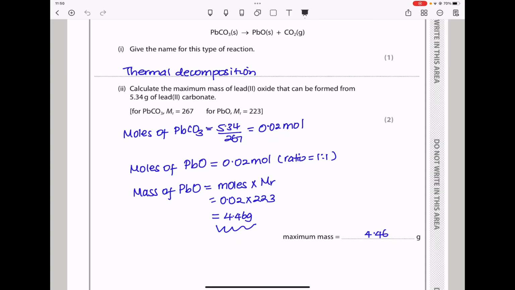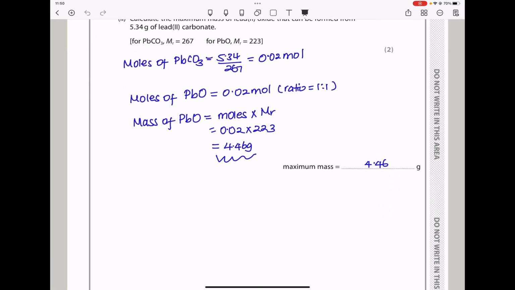Now, the mole ratio of lead 2 carbonate to lead 2 oxide is 1:1. So these are the same moles, which are the moles of the lead 2 oxide. And finally, the mass of the lead 2 oxide is going to be number of moles times molar mass, which is going to be 0.02 times 223, and I got 4.46 grams, which is what we have here.